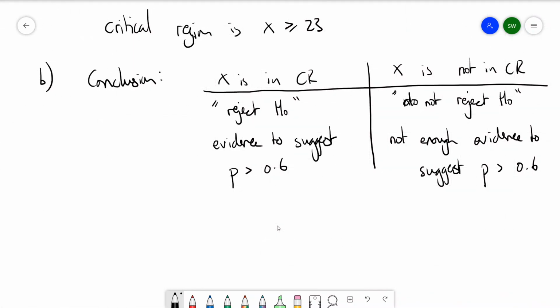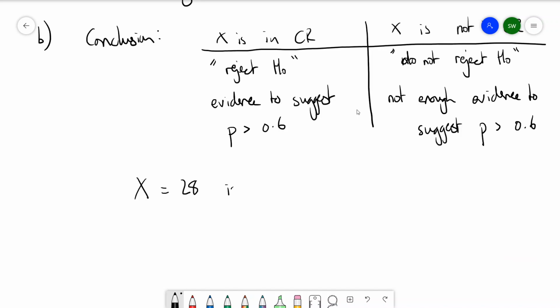So our conclusion is going to look like this. x equals 28 is in the critical region. So we're going to reject h0 because we're in the critical region.